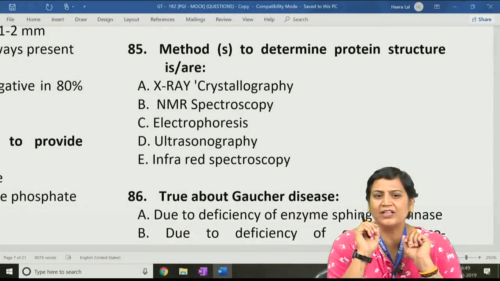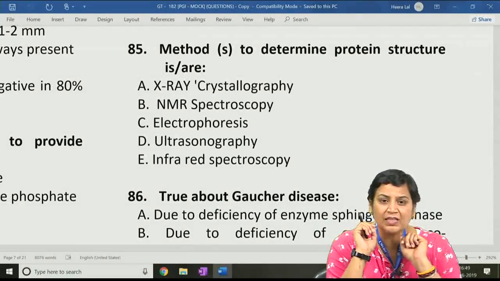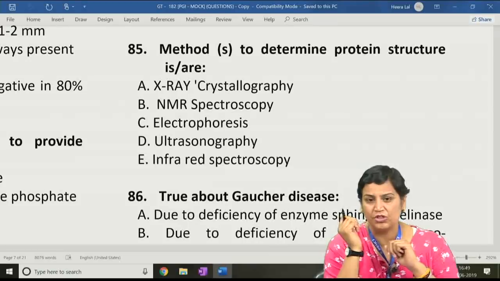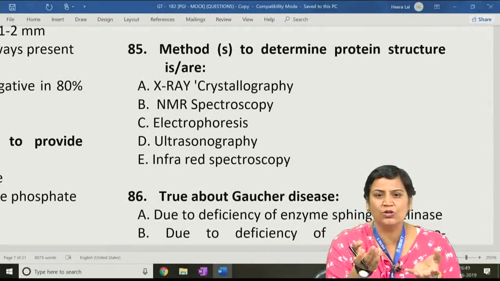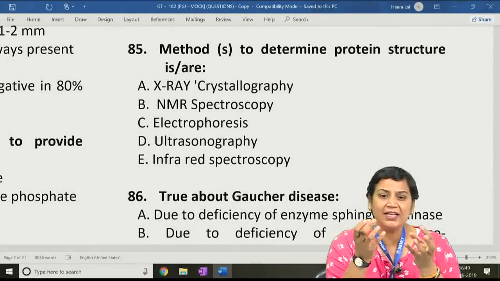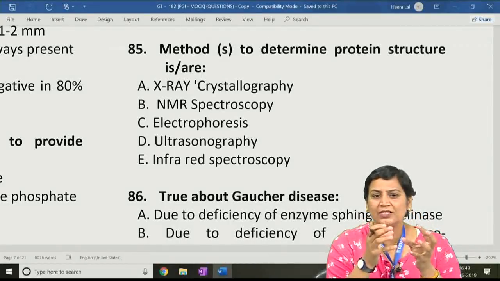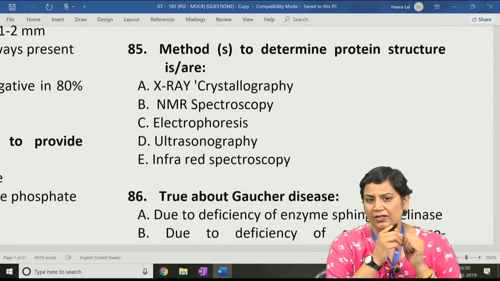Now see here, X-ray crystallography is a very, very important technique to determine the protein when it is in tertiary conformation. Because all of us know that enzymes are basically proteins. Whenever we have to see the active site of a protein, we have to study the structure by X-ray crystallography.